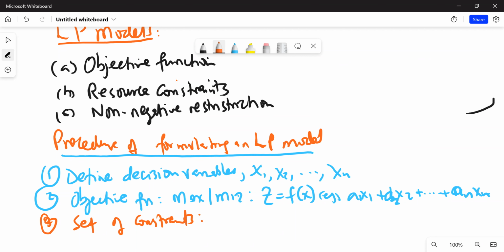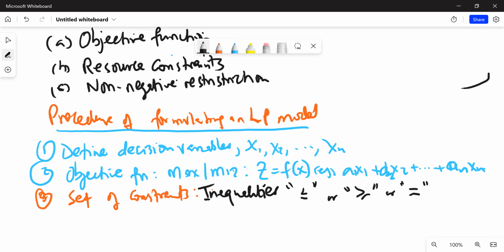And these are either inequalities or equations. In most cases they are inequalities, meaning that you represent them using inequality signs.